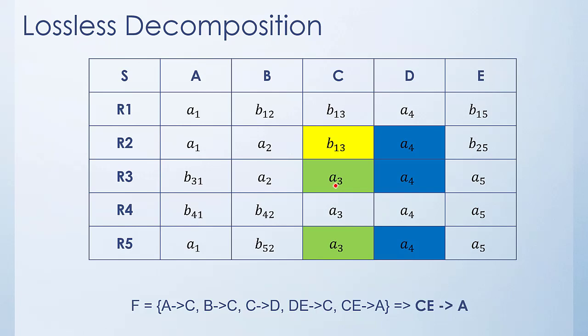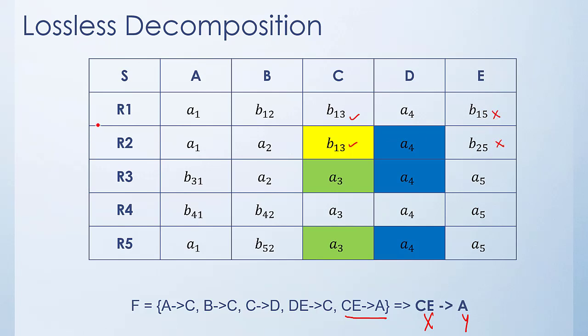Next, we need to consider the next functional dependency CE determines A. So here my X is CE and Y is A. When we are checking for the same symbol for the attribute in X, we need to consider both C and E. Though row 1 and row 2 have the same symbol for C, that is B13, they do not have the same symbol for E, that is B15 and B25, so we do not need to consider row 1 and row 2.